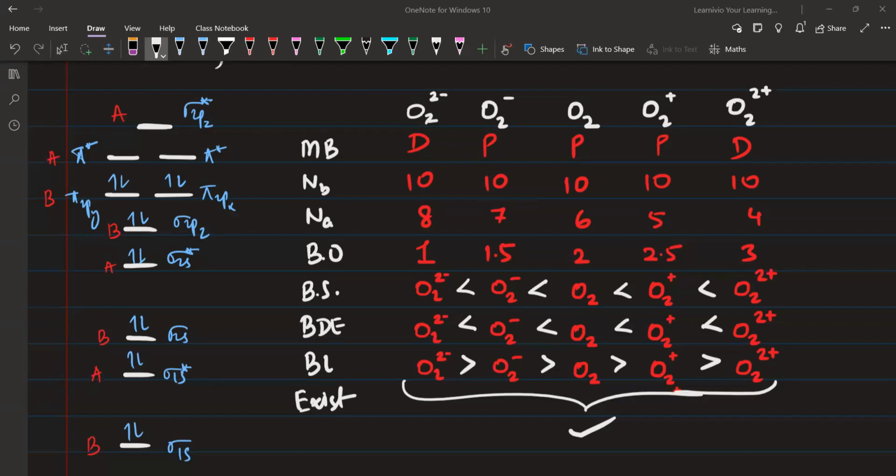Okay, so this is the end of this chapter, chemical bonding. I will take one or two lectures for states of matter, which is not in the syllabus. But there are certain topics that we need to know in order to understand thermodynamics efficiently.